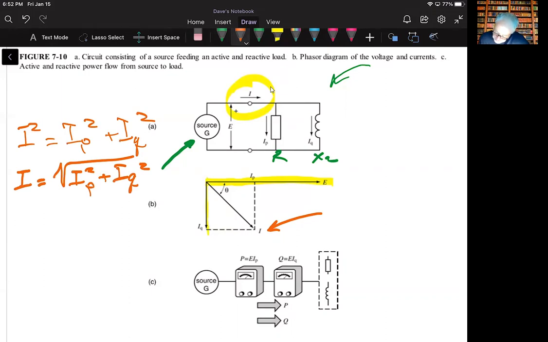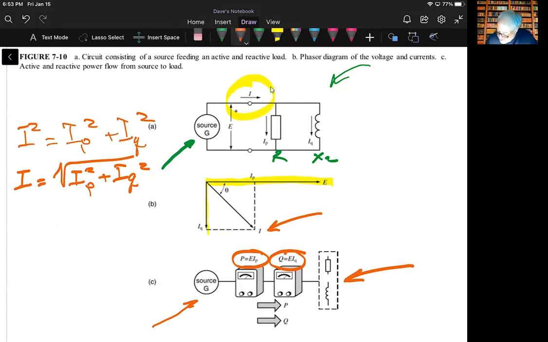And then also shown here is our source. This is our one-line diagram. We see that this is a watt meter measuring the active power, and this is a var meter measuring the reactive power. And here is our load, which is a combination of resistive and inductive.